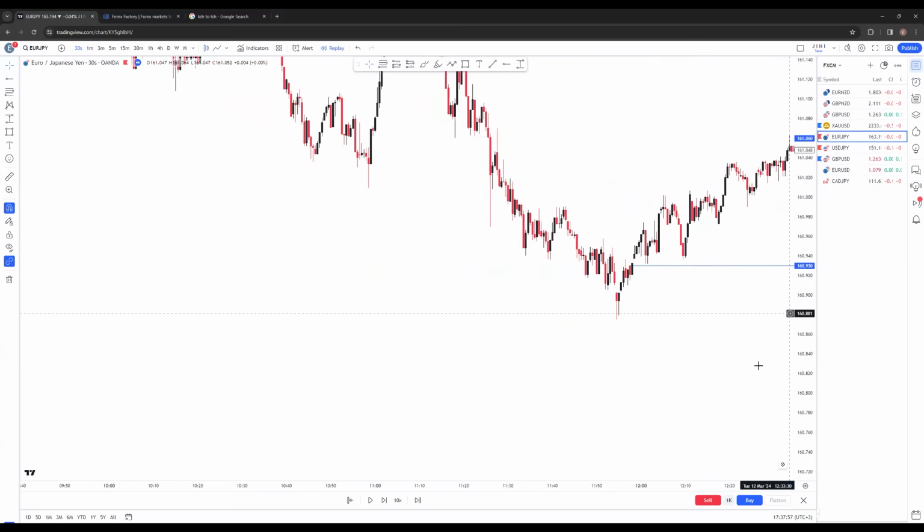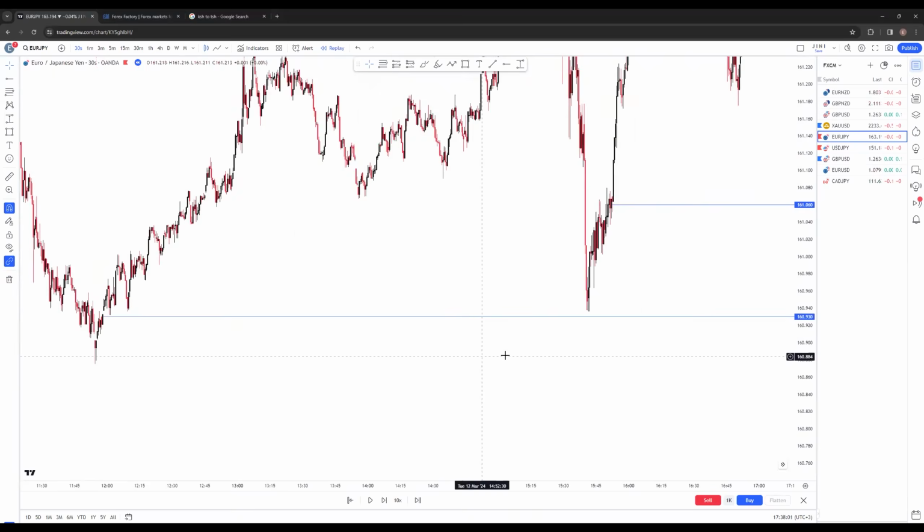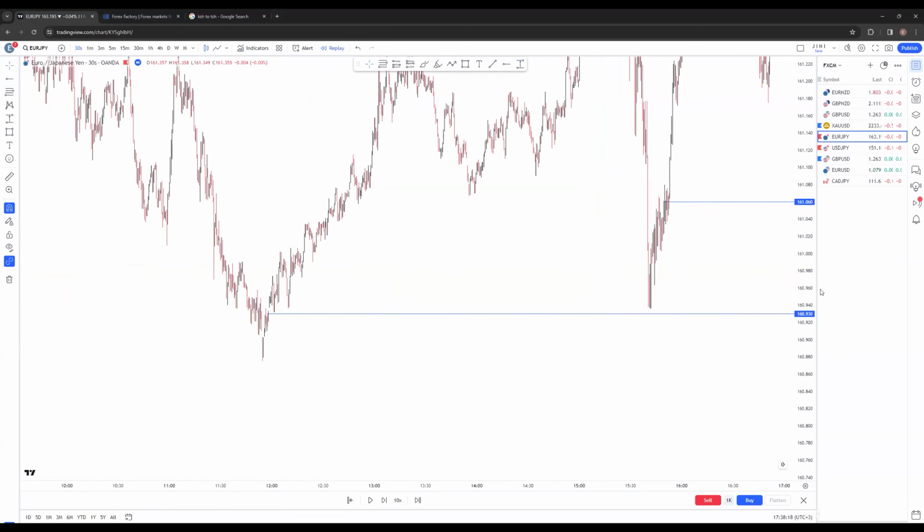Yes, one candle formation. So when you go back to this point, you can see this structure is not yet consumed. This price tried to consume this structure, but failed by only a few pips, only 0 point something pips.